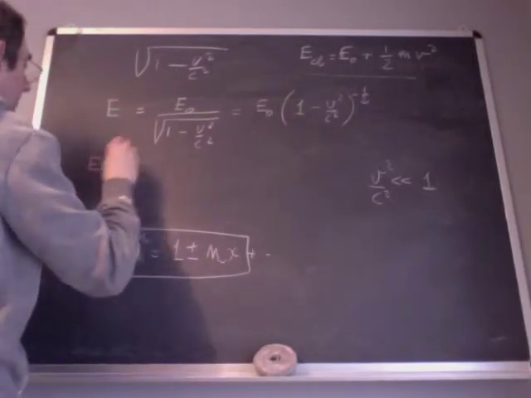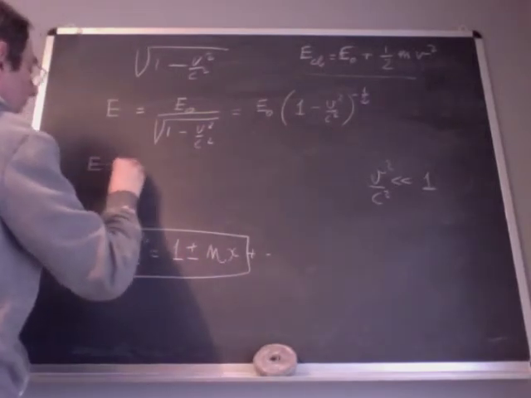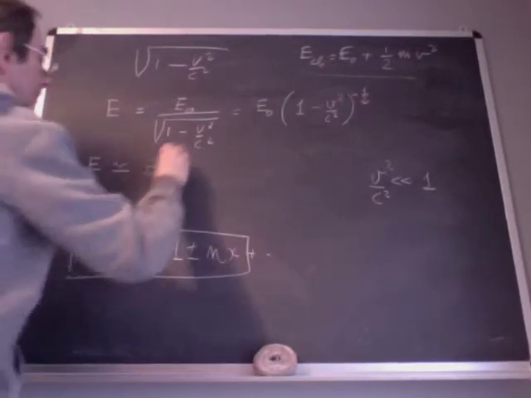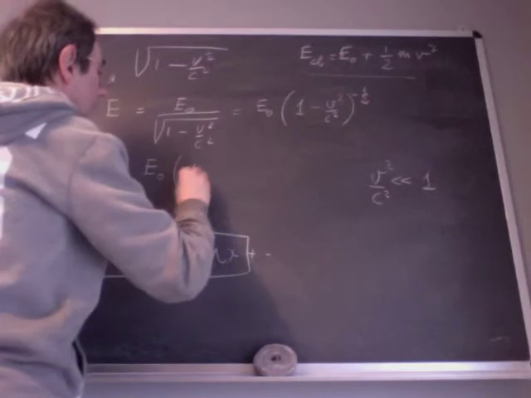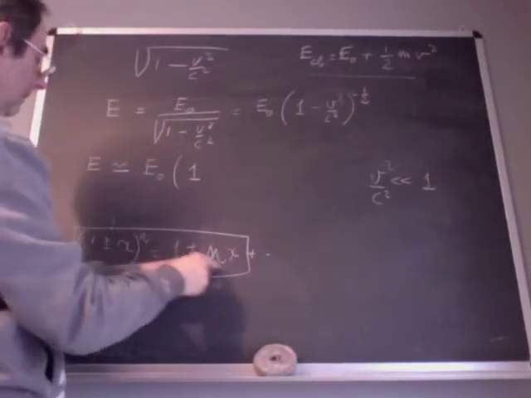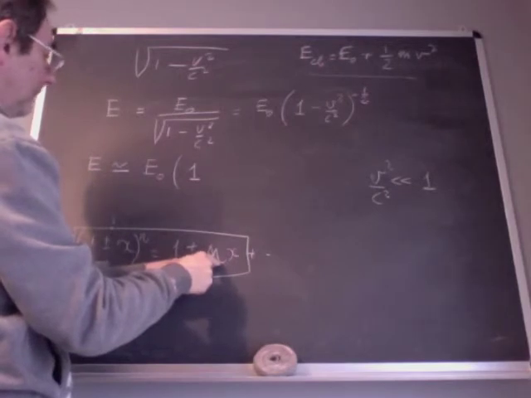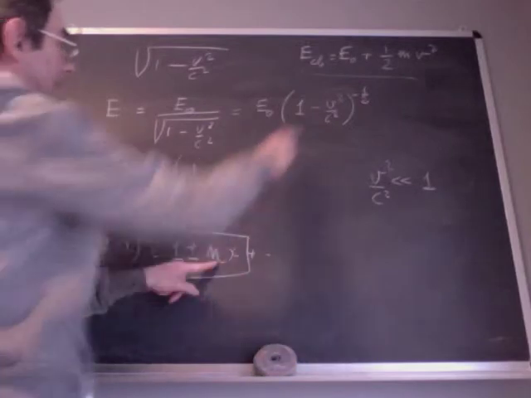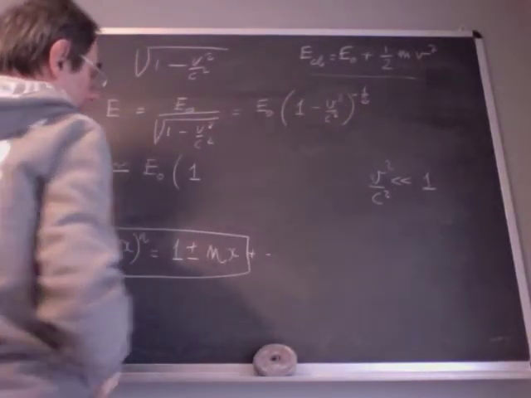So the energy becomes more or less the rest energy times 1. So I have to take the exponent n and put it in front of the x term. x is v square over c square in this case.